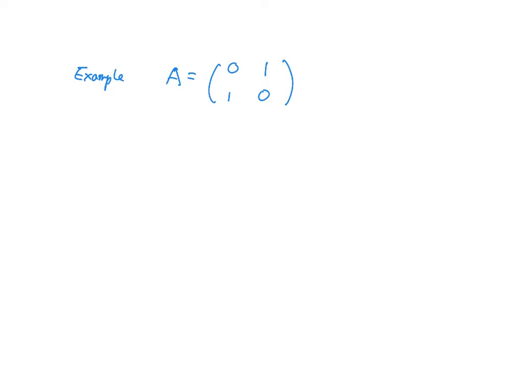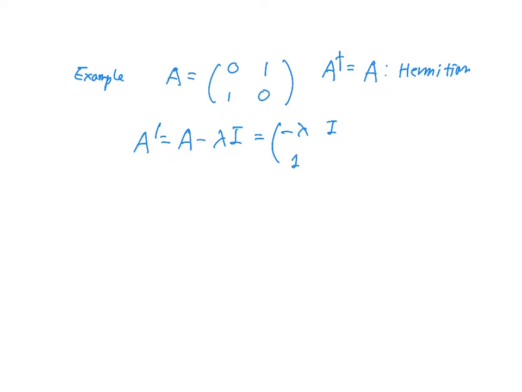So A dagger is A. A prime is A minus lambda I, that is minus lambda, 1, 1, minus lambda, right?